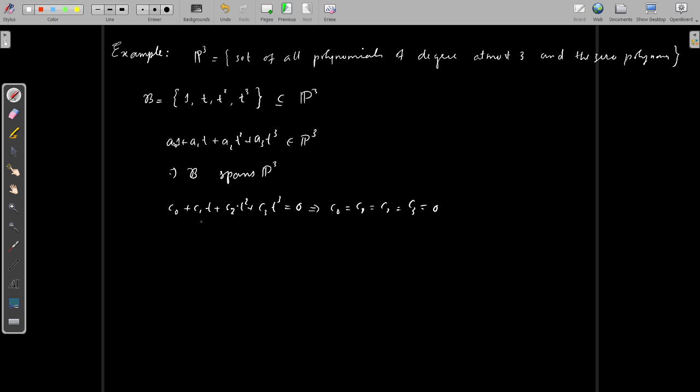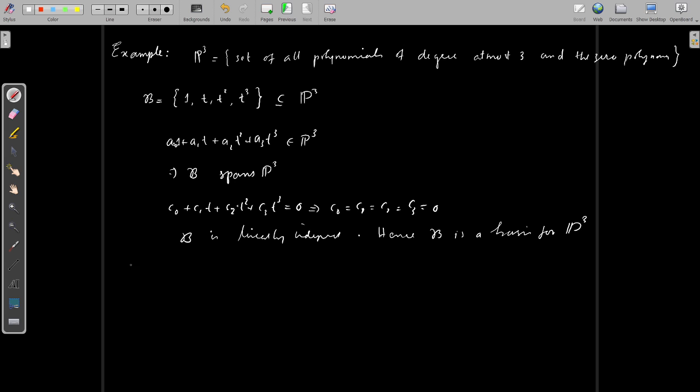So B is linearly independent. This is also a basis for P3: linearly independent, hence it is a basis. Hence B is a basis for P3.